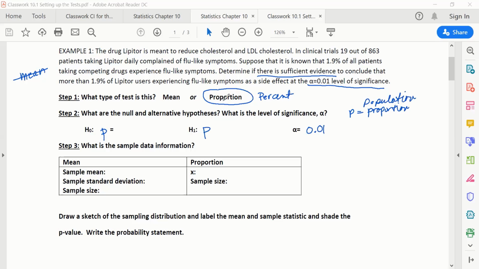So we're told that it's known, here's our clue, it is known that 1.9% of all patients experience flu-like symptoms. So our P is going to be 1.9%, and we're going to write 1.9% as a decimal, 0.019.